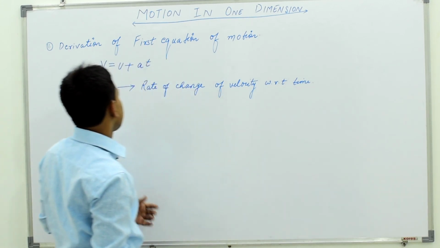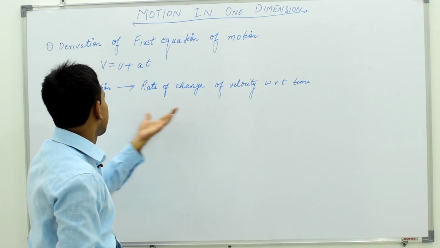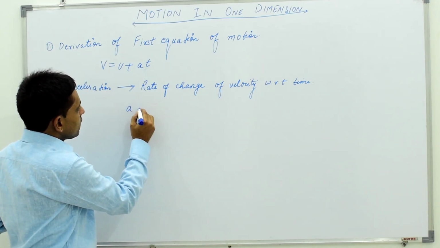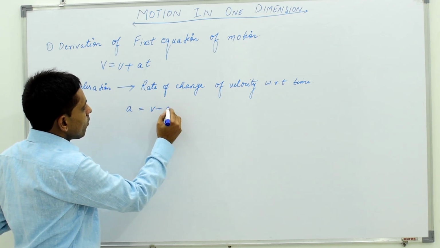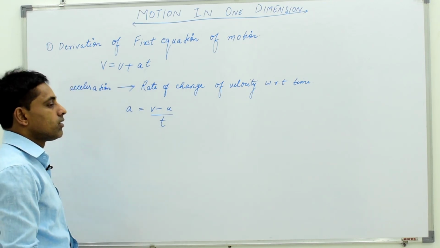It means that the rate of change of velocity with respect to time is known as acceleration. It is given as A is equal to V minus U divided by T.